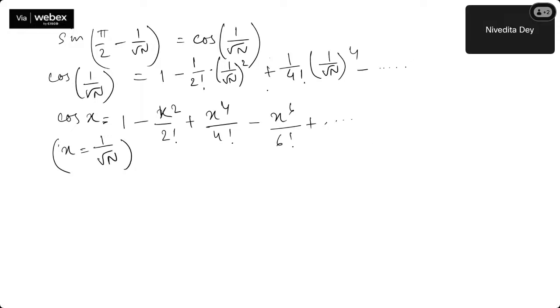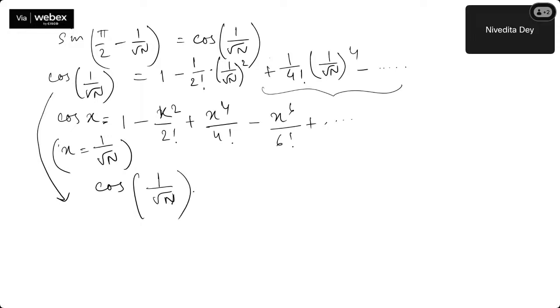Again ignoring the higher order terms here, from this what I will be getting is cos of 1 by root n as 1 minus half of 2 factorial into 1 by n, which is 1 minus 1 by 2n.